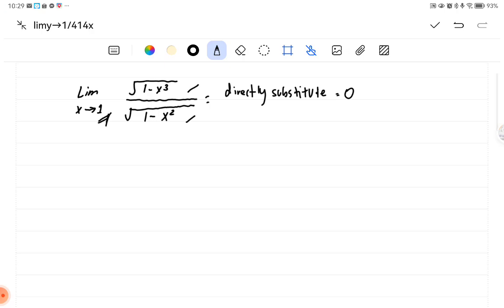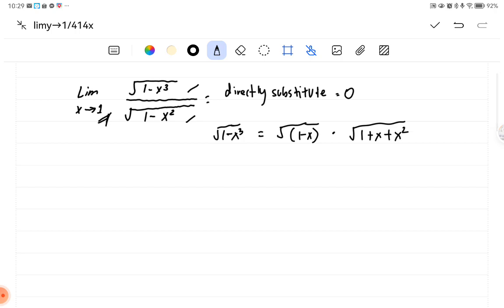The factors of 1 minus x cubed are simply the square root of 1 minus x multiplied by the square root of 1 plus x plus x squared.